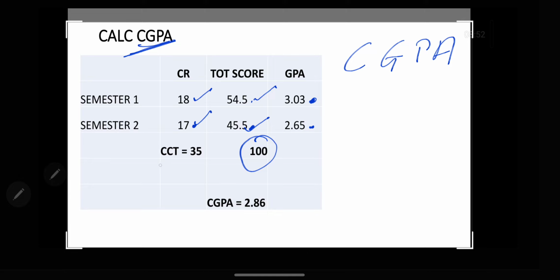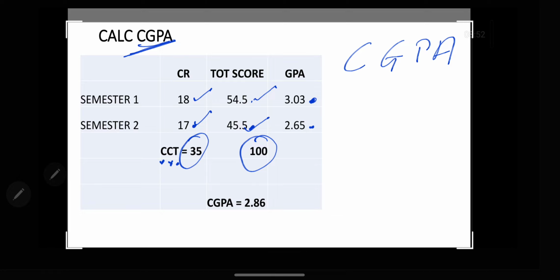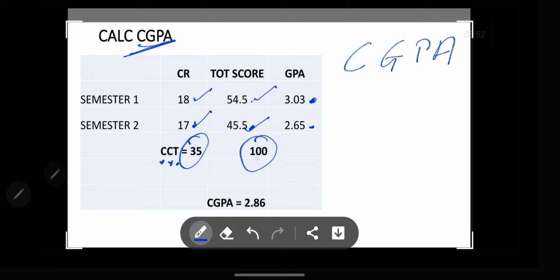So we have cumulative credit taking, CCT, the cumulative credit taking. At the end of the first year, how many credit hours have you done in your entire stay on campus? The first semester you took 18 credit, second semester you took 17 credit. So your cumulative credit taking is 35, and then your total score is 100.